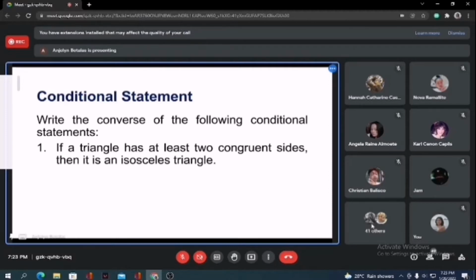English na dali. So, dili ka mag-if it, kay unsa man ang it, pasabot niya, baboy, kabaw, tao. So, the converse is: if the triangle is an isosceles triangle, then it has at least two congruent sides. Nakuha na?